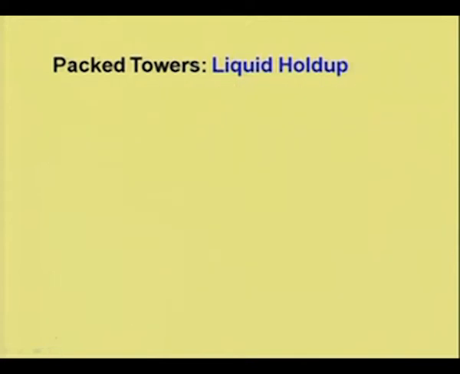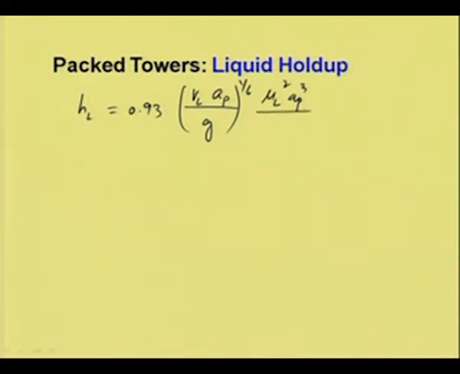The liquid hold up can be calculated from the correlation: HL is 0.93 (VL AP divided by g) to the power 1/6, times (mu L squared AP cubed divided by rho L squared g) to the power 1/10, times (sigma L AP by rho L g) to the power 1/8.